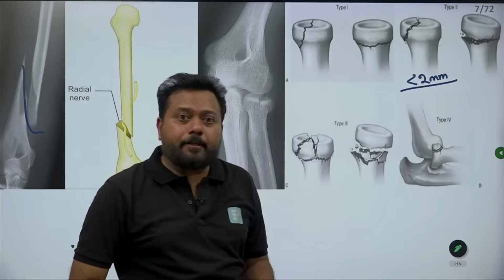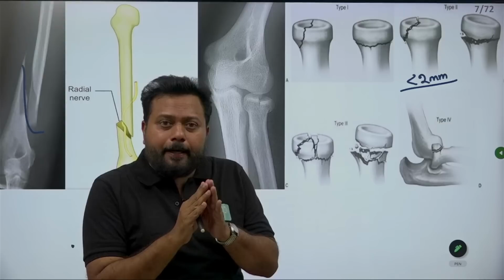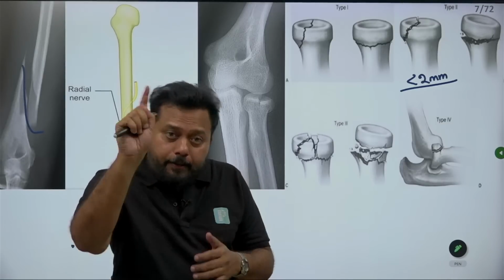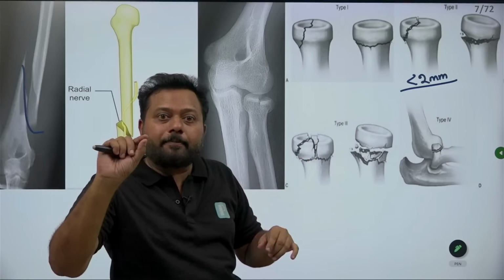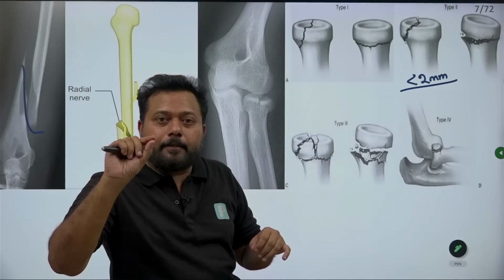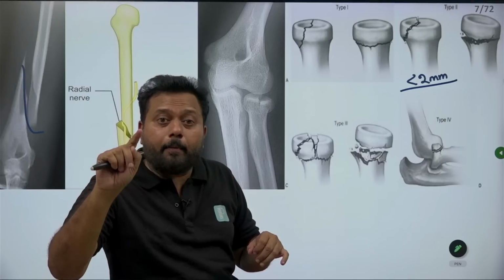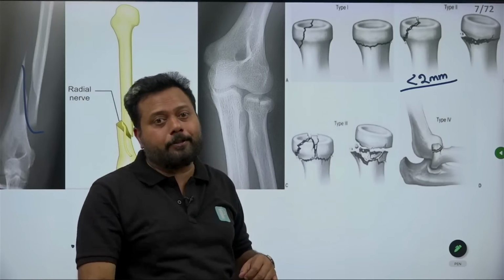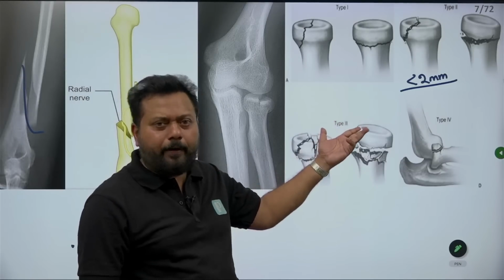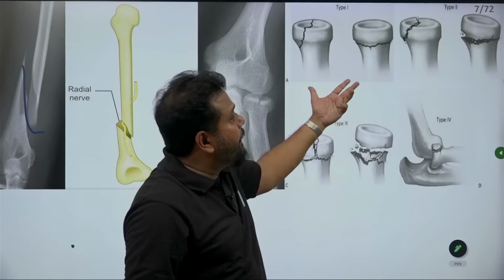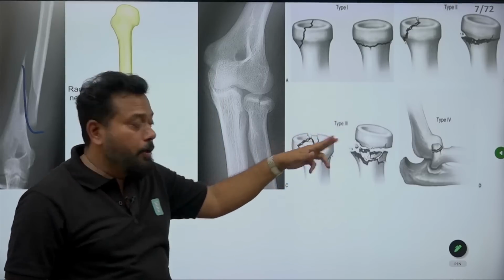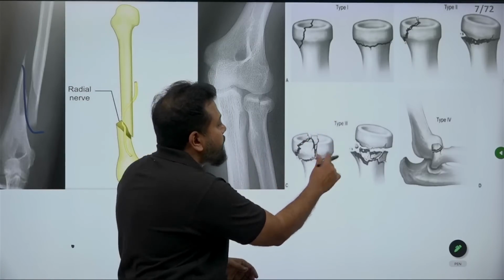Whenever the gap is more than 2 millimeter, that fracture is called a displaced fracture. This has been asked once as an MCQ. That was a choice. So it is 2 mm. Very simple. Okay. So a single split fracture which is displaced, it is type 2. Type 3, comminuted fracture, multiple fragments.